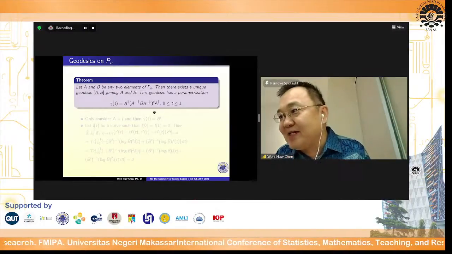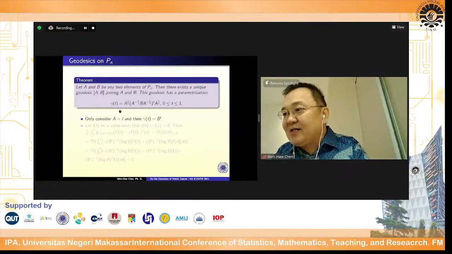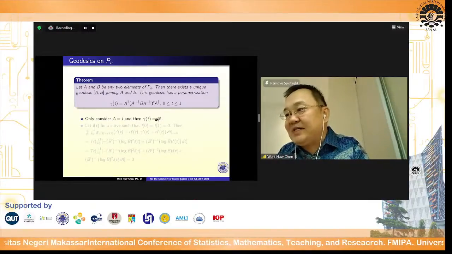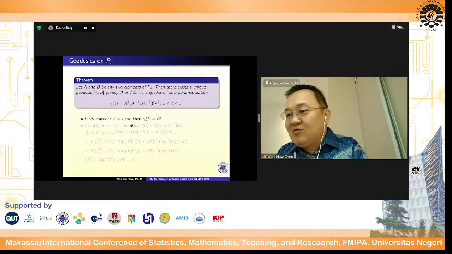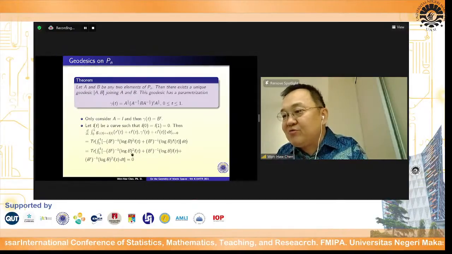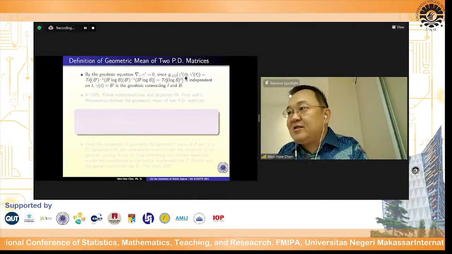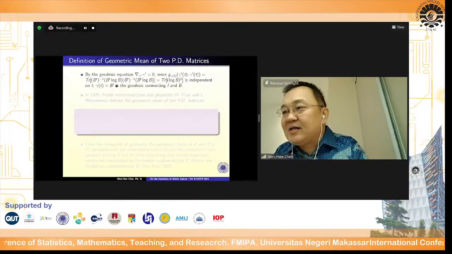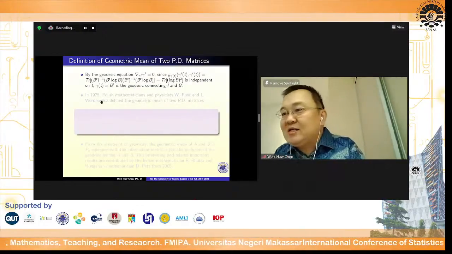The curve in the formula is just like this. If the matrix A is the identity matrix, then this curve is just B to the power t. We can use the geodesic equation to show that it is a geodesic. By the geodesic equation, since it is independent of t, gamma of t equals B to the t, connected to the identity matrix.